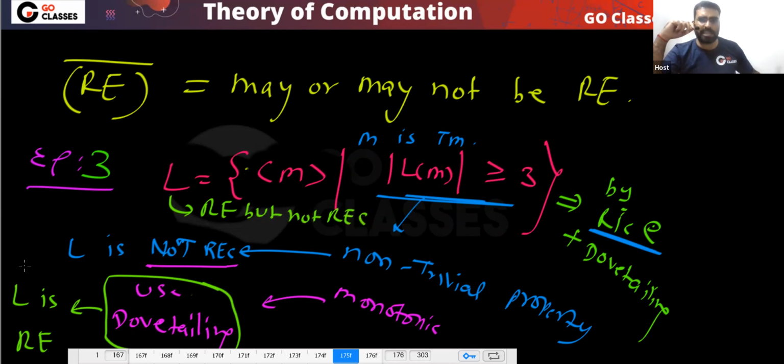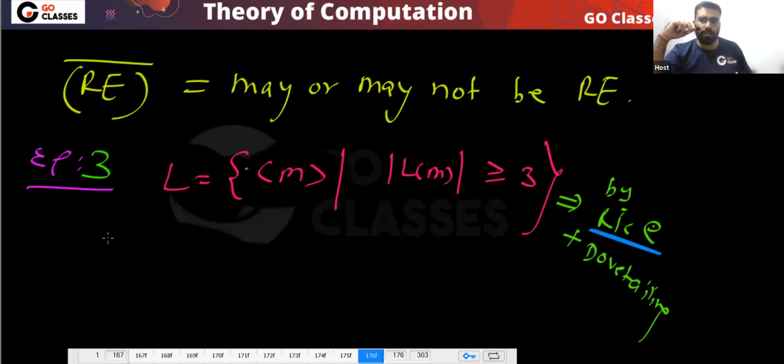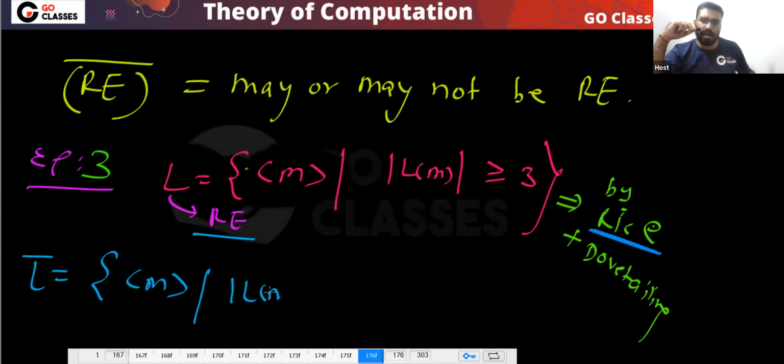What about the complement of this L? We know L is RE, and we only care about RE. L complement means the cardinality is less than or equal to 2.